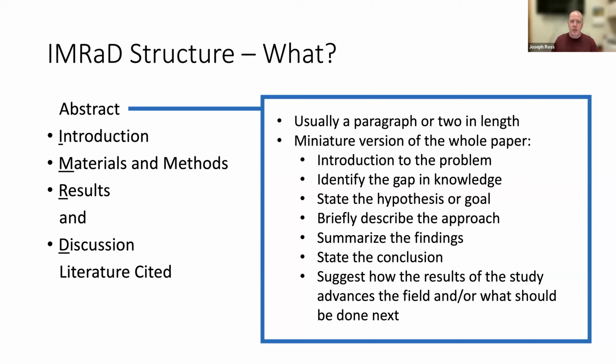What approaches did they use? And then what were their main findings and their conclusion? For example, was the hypothesis supported or not, or was their goal achieved? And sometimes then a future-looking sentence or two at the bottom of the abstract about what might come next. Okay, so abstract, miniature version, it should contain these contents.